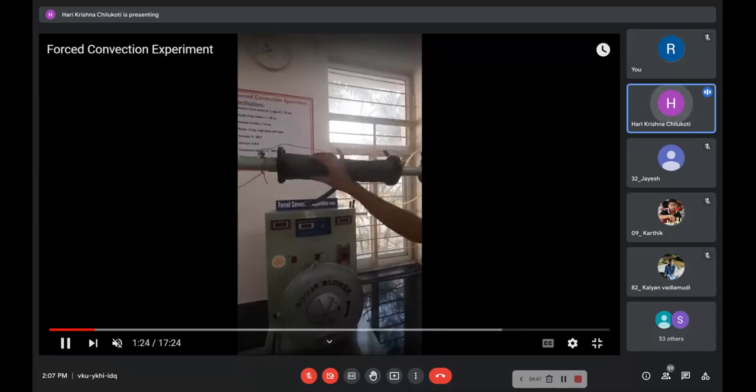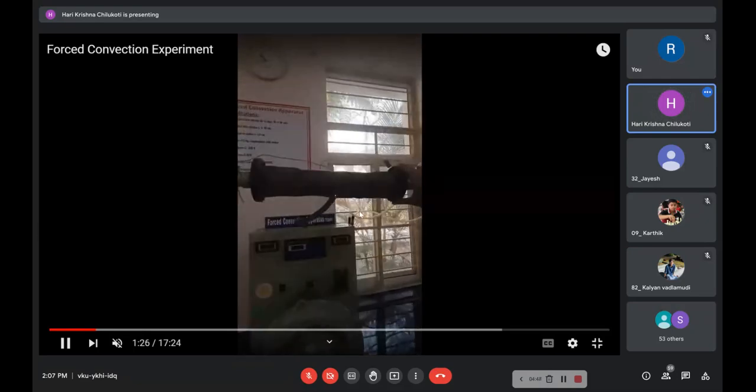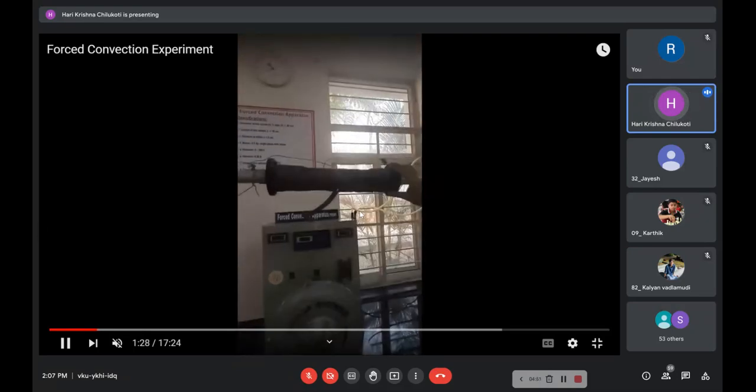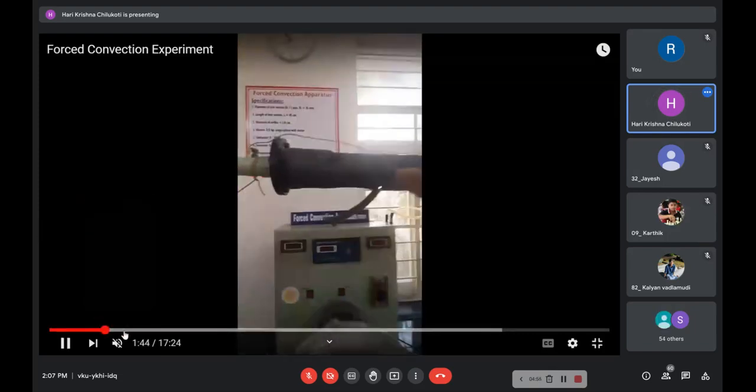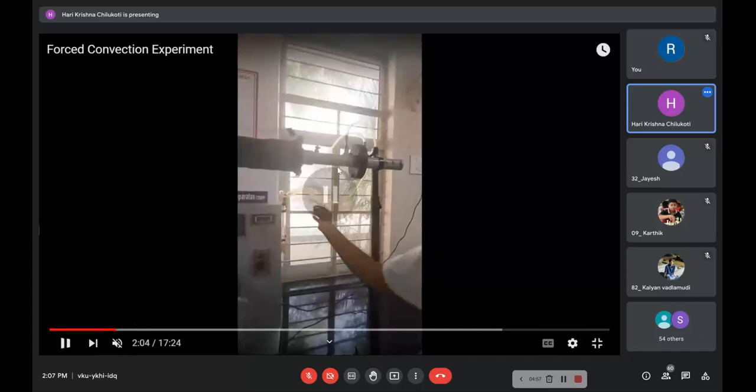And the other components that are part of this experiment are here. Here we have an orifice meter, which helps us to quantify the volume flow rate flowing through this tube.